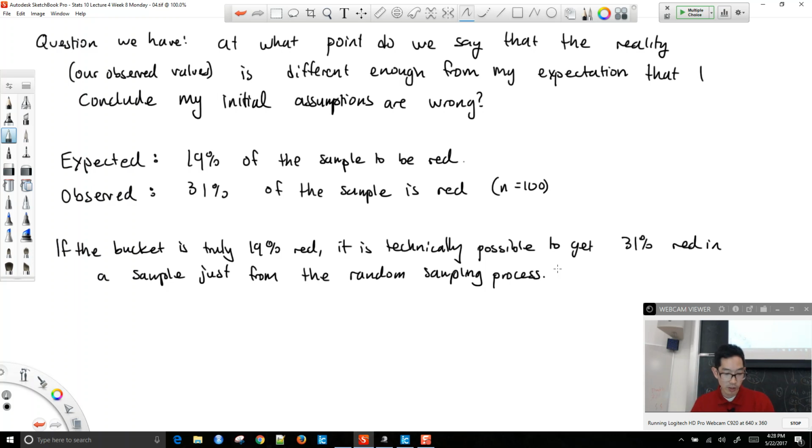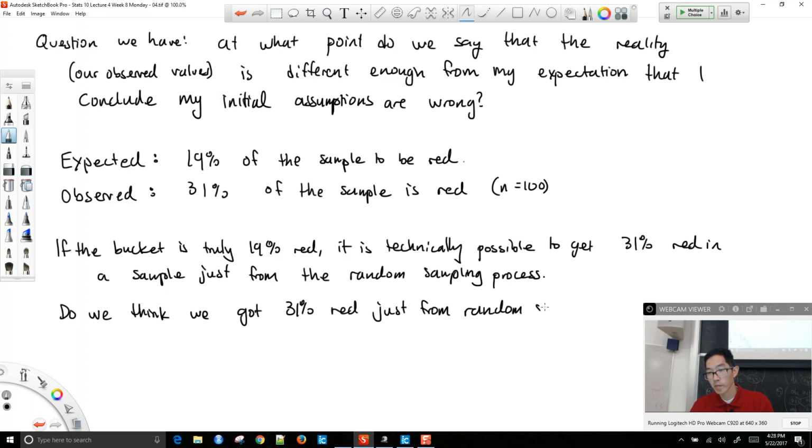So do we think we got 31% red just from random sampling, or do we think the bucket has a proportion of red that is other than 19%?